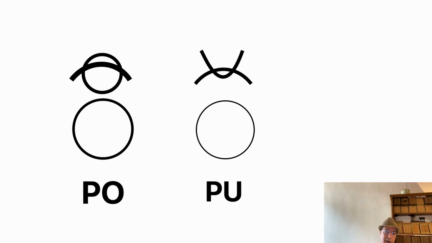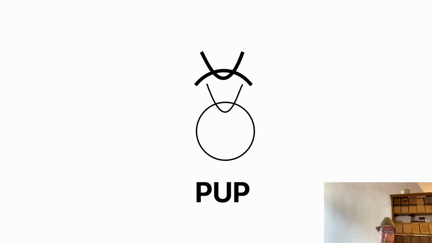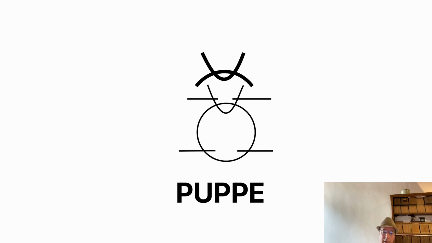Of course, we also have the word puppet. So instead of the O, the circle, I will use the U form. So I will make it easy. I will just use the pup from the puppet. The pup will be like this. The puppet will go to the right.